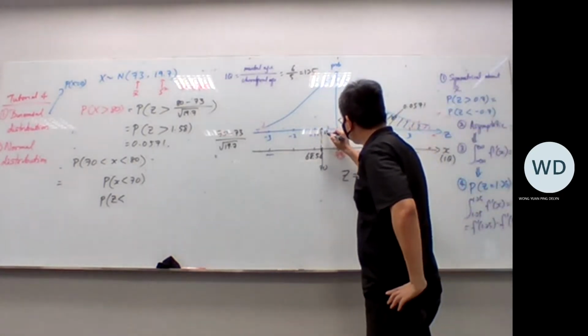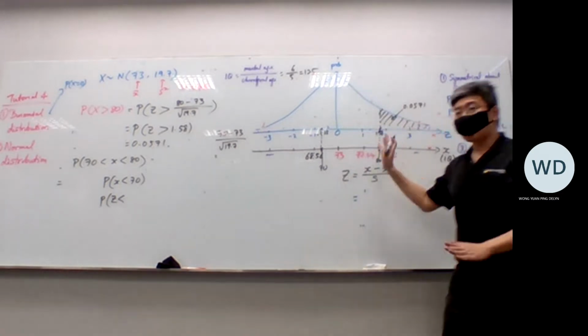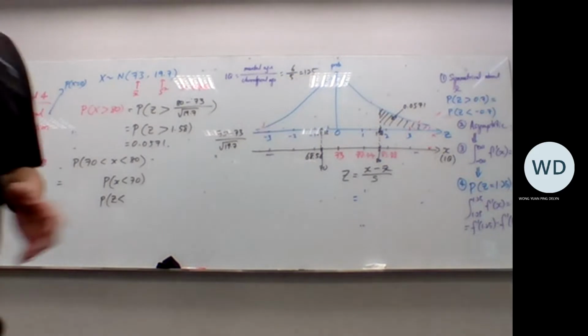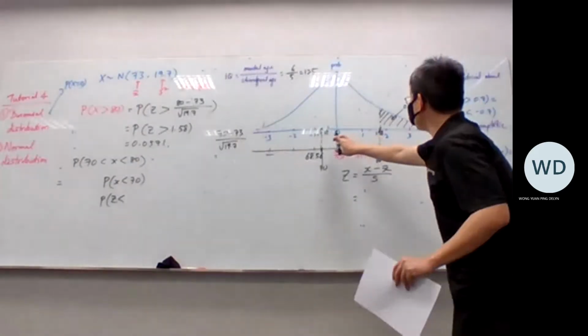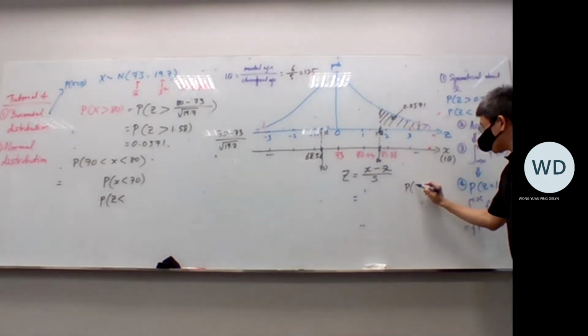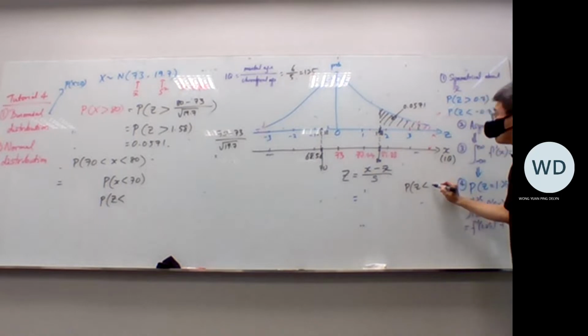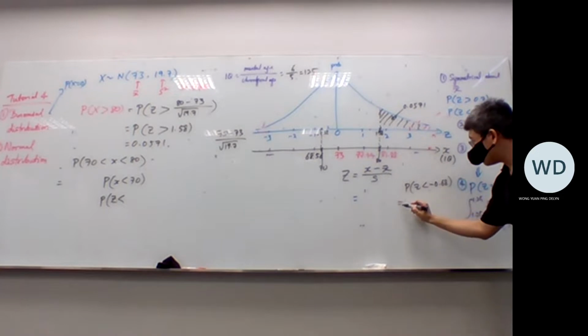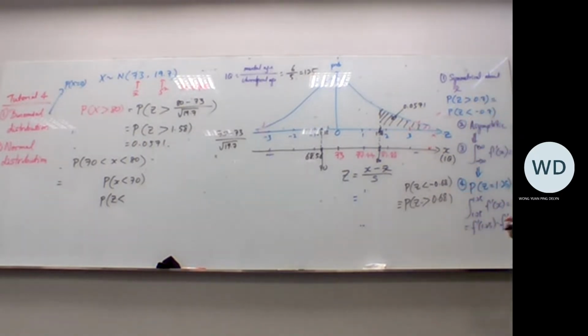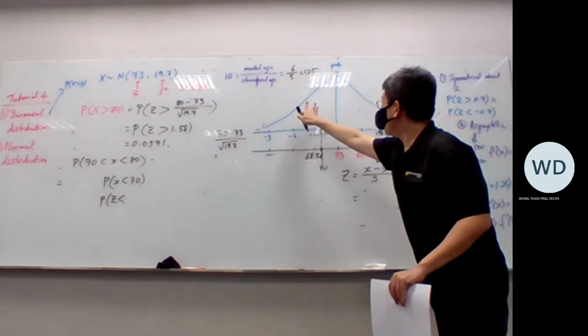Negative 0.68. Correct. Since the negative value is not on the table, how are you going to read it? The probability of negative 0.68 is equivalent to the probability of more than 0.68, so you flip the whole thing to the opposite side.